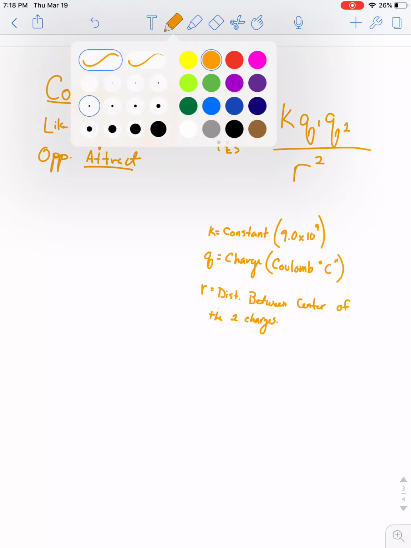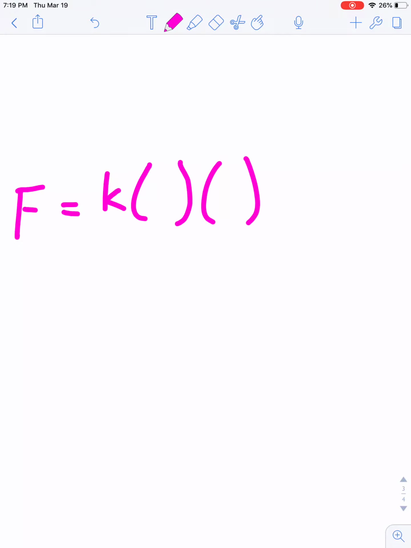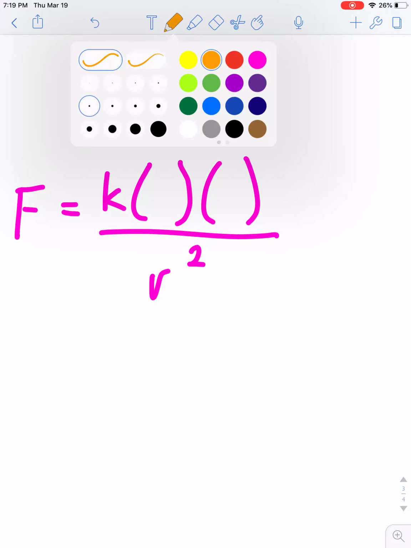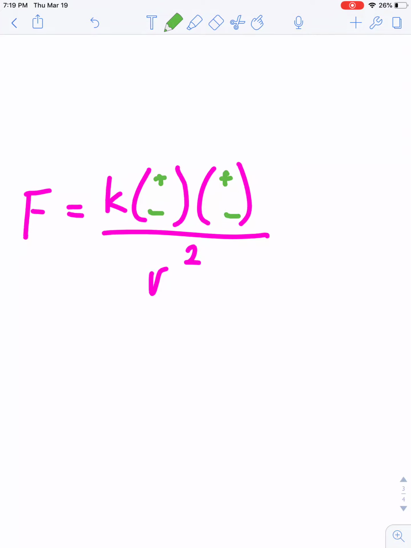Other things, so I'm going to go draw this in pink real quick. So you have force equals K Q1 Q2 divided by R squared. K is positive and R and distance will also be positive. So let's say we have a scenario in which we have like charges, whether that is positive and positive or negative and negative.